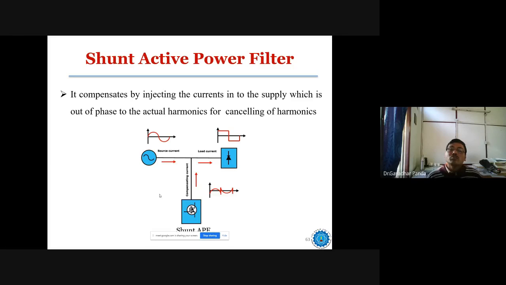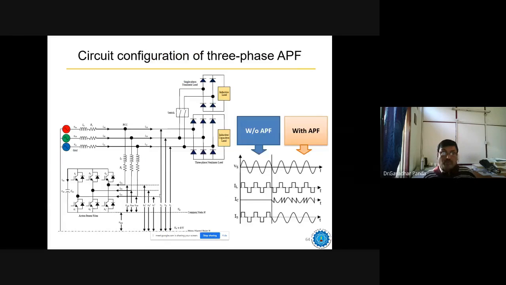It contains both fundamental as well as harmonic components. But our main desire is that it should draw sinusoidal current from the sinusoidal voltage source. Then only can we say we are operating the system at unity power factor, or drawing the power with unity power factor.